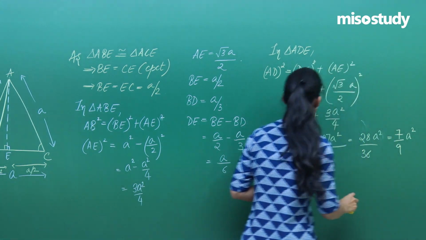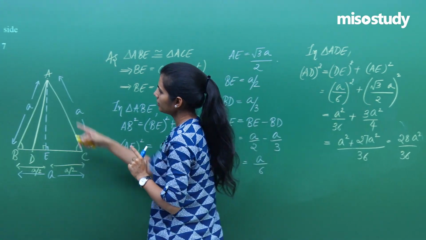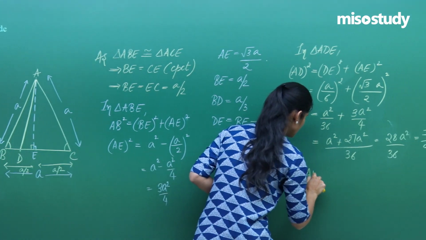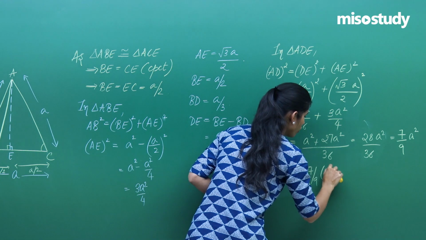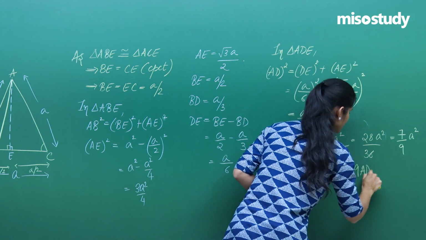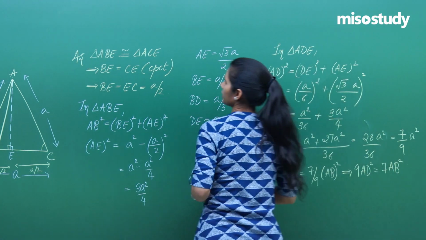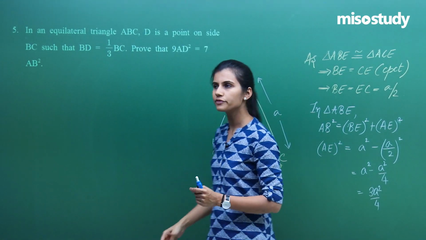A square. But A is the length of AB. So I can write AD square is 7 by 9 length of AB square. So you get 9 times AD square is 7 times AB square, hence proved.